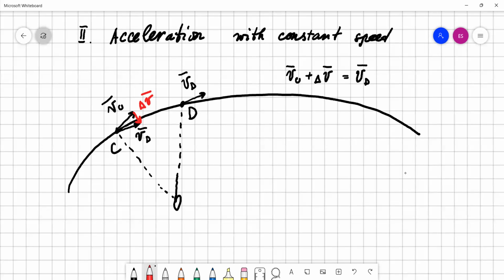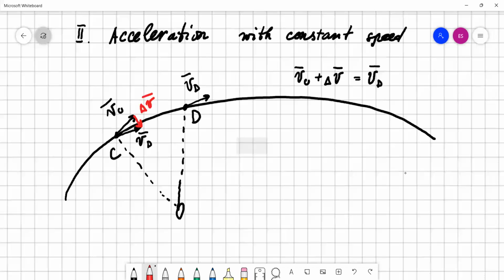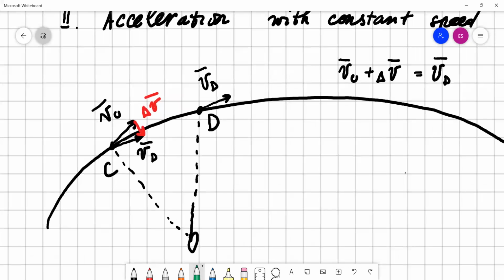So now they're asking us about the angle. I want to clarify which angle they mean. I'm going to increase my picture a little bit and label in green the angle they're asking about. They're asking about this angle. You see that this angle is less than 90 degrees. Why does it happen? Because we have a motion with constant speed, which means that this vector and this vector are equal, because speed is constant.